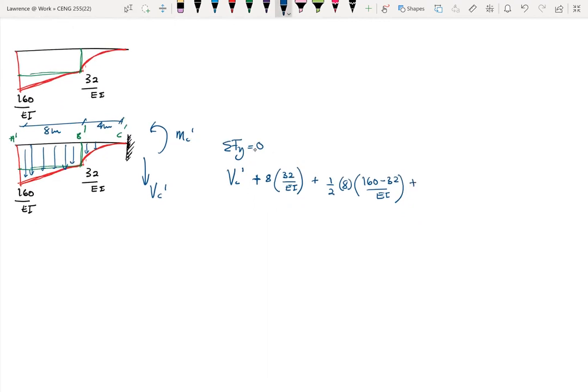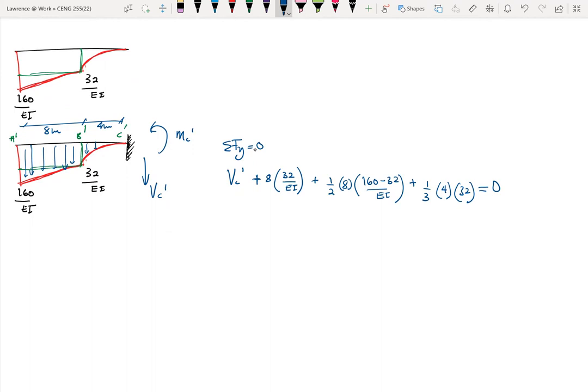Then for the parabolic curve, it will be 1/3, the area of a parabola: 1/3 times 4 times a height of 32. So that should give us 0. Am I correct? Yep.